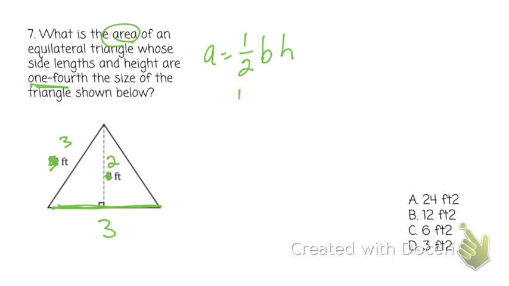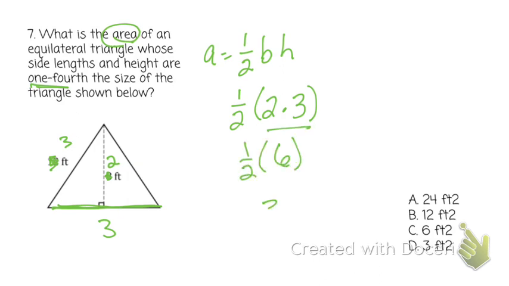So I have 1/2 of 2 times 3. So the first thing I would do is 2 times 3 is 6. And 1/2 of 6 is 3. So my area equals 3 feet squared. So it is D.